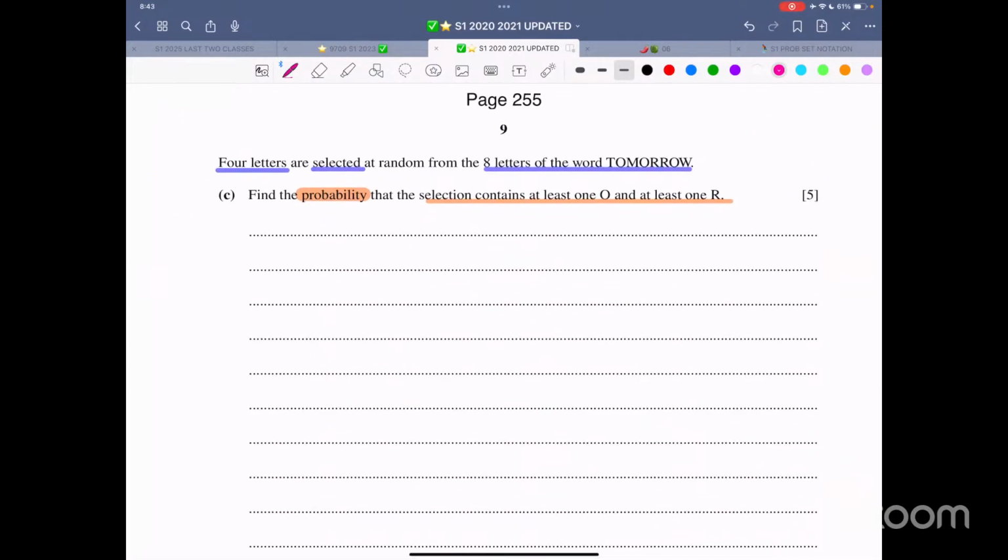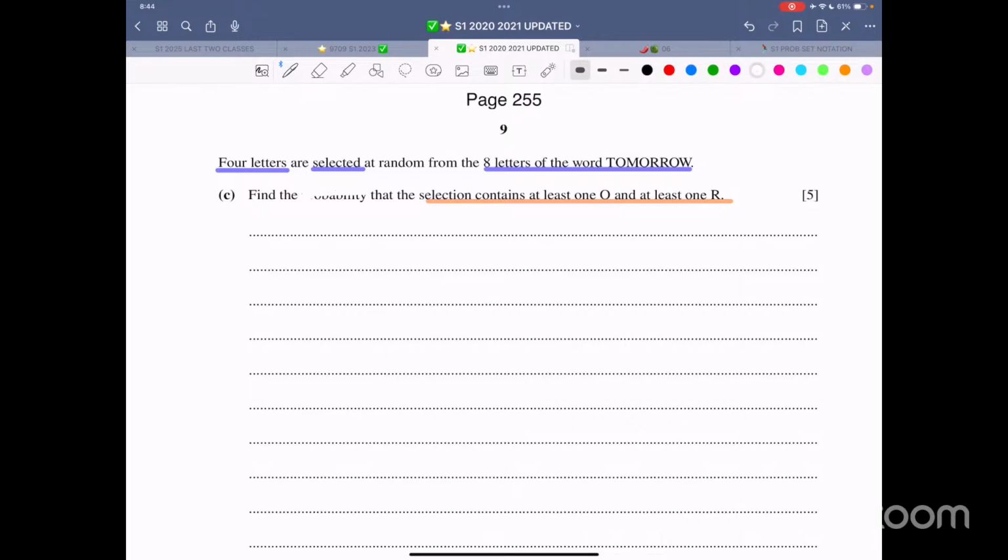If the question was not about probability and it says find the number of different selections or find the number of ways of selecting, so let me just highlight this. Hold for a second. Let me just erase this thing with a dark marker.